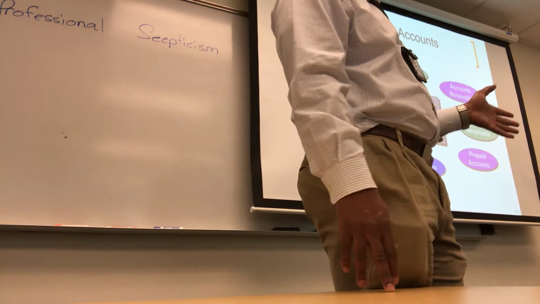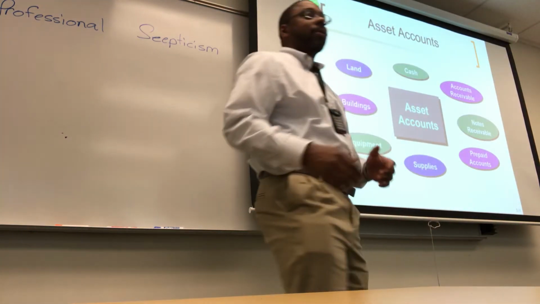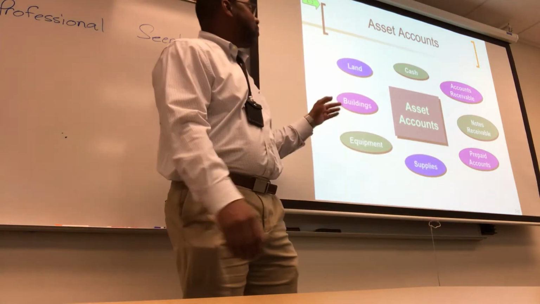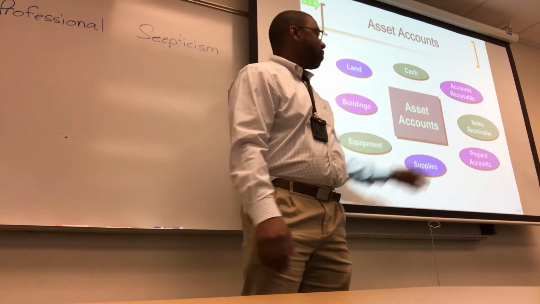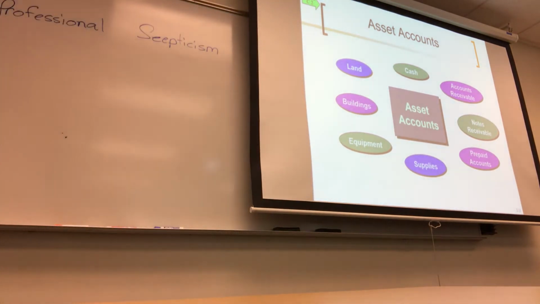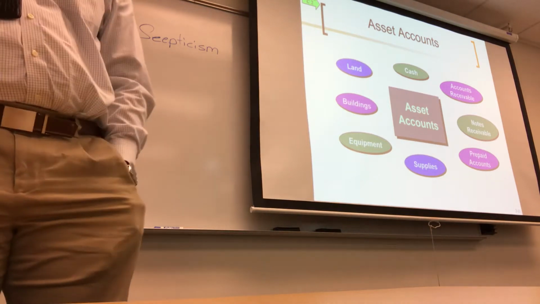We spent last class on this; it's all we talked about. Assets are cash, accounts receivable, land, buildings, notes receivable, prepaid accounts, supplies, equipment. Which one is long term? Is that accounts receivable or notes receivable? Long term is notes receivable. Short term is accounts receivable.